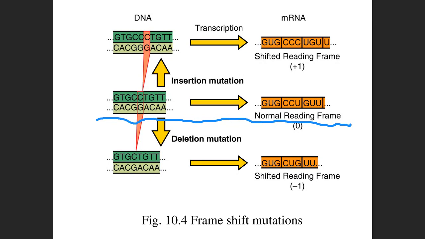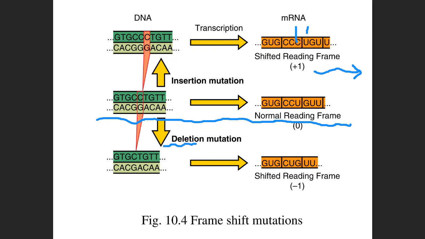Because there's one extra C here, and the U gets moved to the next frame. So the net result is that every amino acid from this point down is going to be the wrong amino acid. Okay, so this bacteria will have a frameshift mutation and a completely non-functional protein.